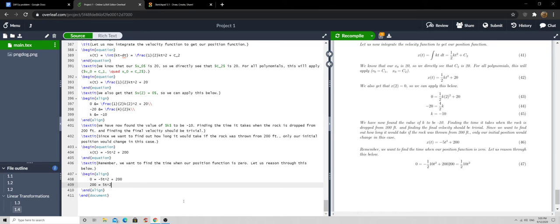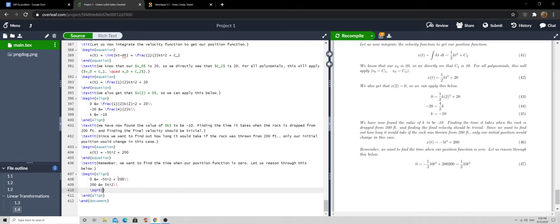Yep. So now I'm just looking through my work so I don't make any careless mistakes. Just remember to do this. Okay, divide by 5 and take the square root.